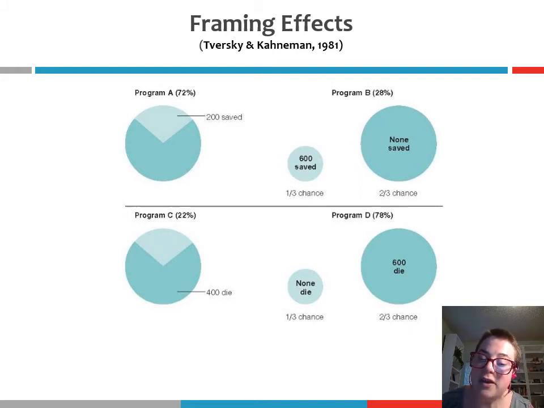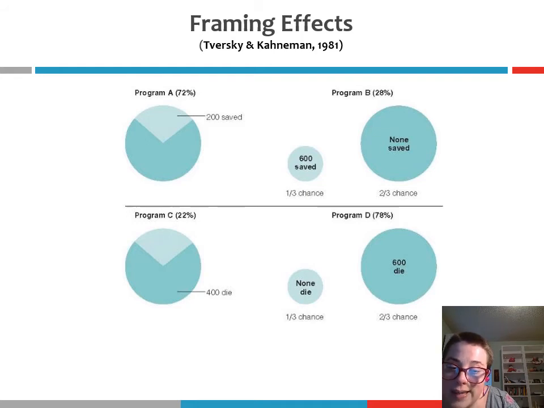So in that case, because we're extremely motivated to avoid potential losses, okay, we're willing to risk more, okay? So now we're not as concerned about certainty. We just want to do everything we possibly can to avoid possible losses, right? So in that case, we're willing to take the riskier option, right? Or when things are framed in terms of losses, we're willing to adopt a more risk-taking strategy, right?